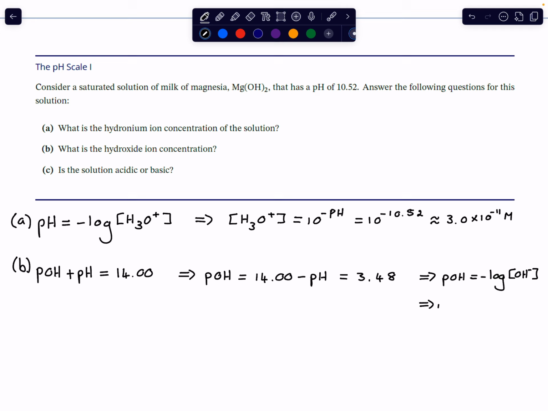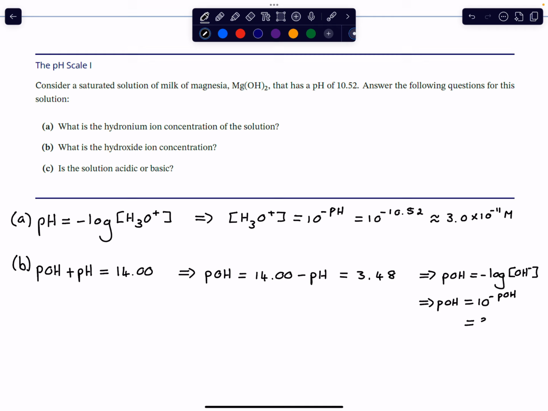So that means that the OH minus concentration is equal to 10 to the power negative pOH, which in this case is 3.48, and then we get a value of 3.3. Again, two decimal places gives us two significant figures. So 3.3 times 10 to the negative 4 molar.